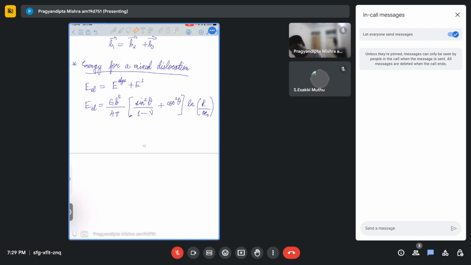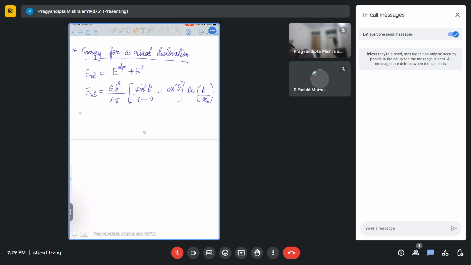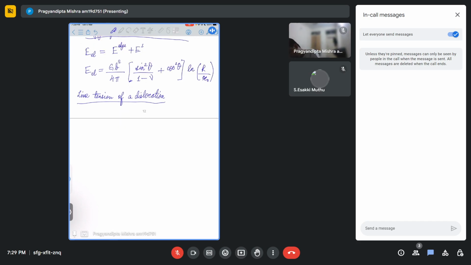Okay. So how do we find this line tension? So let's now first draw a dislocation.